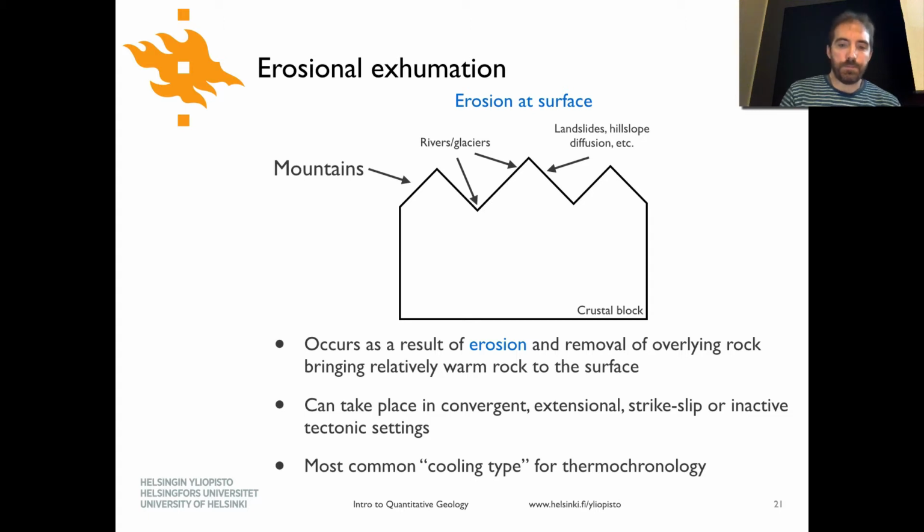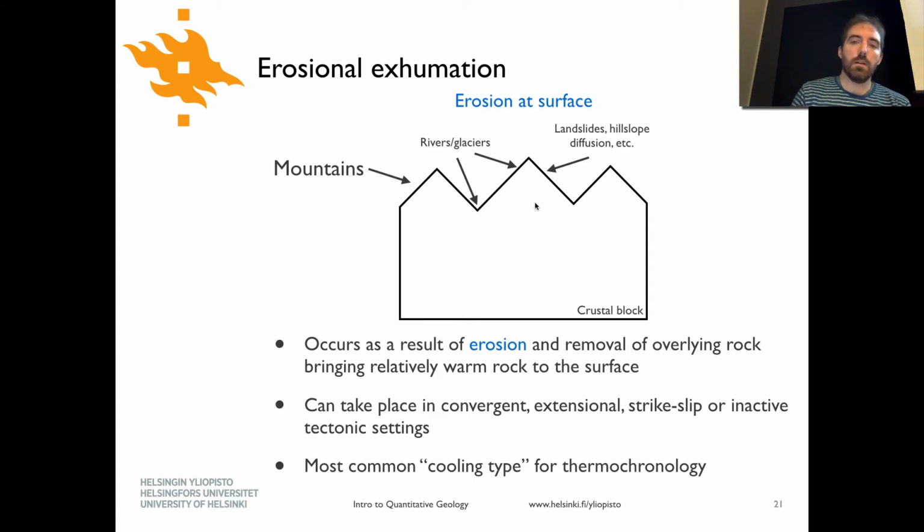So this can basically happen in any tectonic setting. If you've got a convergent, extensional, or strike slip tectonic setting, or someplace that's not tectonically active, you have erosional exhumation. There are lots of mountainous places where there is no significant tectonic activity today, but we still have rivers there, and the rivers are still carving the valley and exposing new bedrock from depth to the surface.